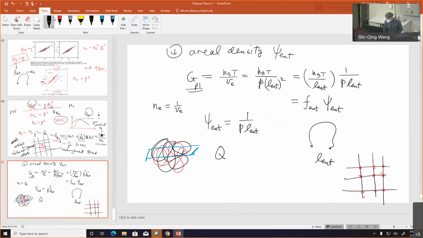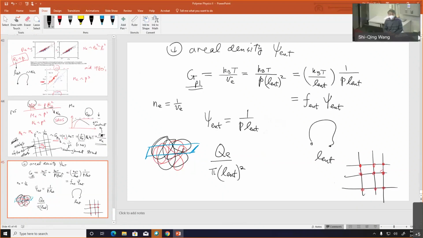Well, how many chains are in this volume? QE of them. Across an area, how much? Well, it's pi entanglement squared. Treat it as just a circle or sphere, cut it from the middle equator. Roughly speaking, it must be true.